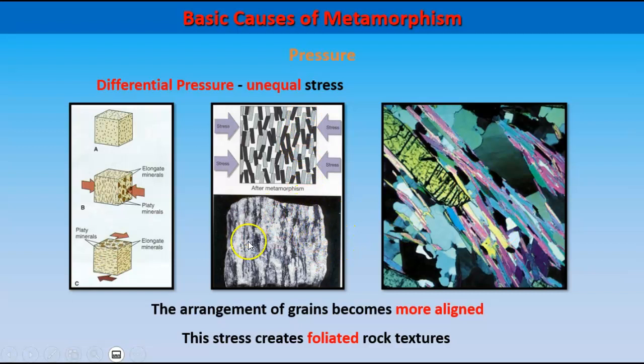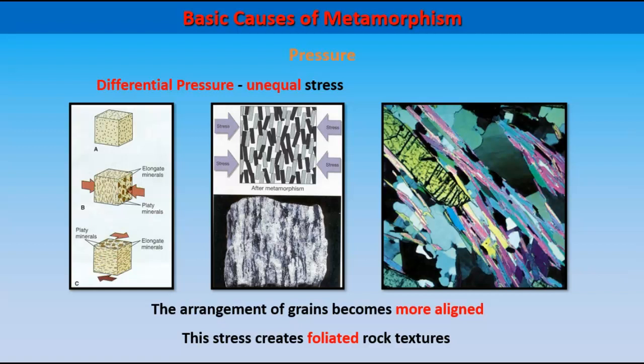Now this rock below here is a very high grade metamorphic rock, but it shows the foliated texture the best. This is actually called a gneiss. And so these are alignments of minerals, right, caused by this differential stress. This is the texture you're looking for in a metamorphic rock. I know the term is not correct, but it looks like layering, but it's not caused by deposition, remember.